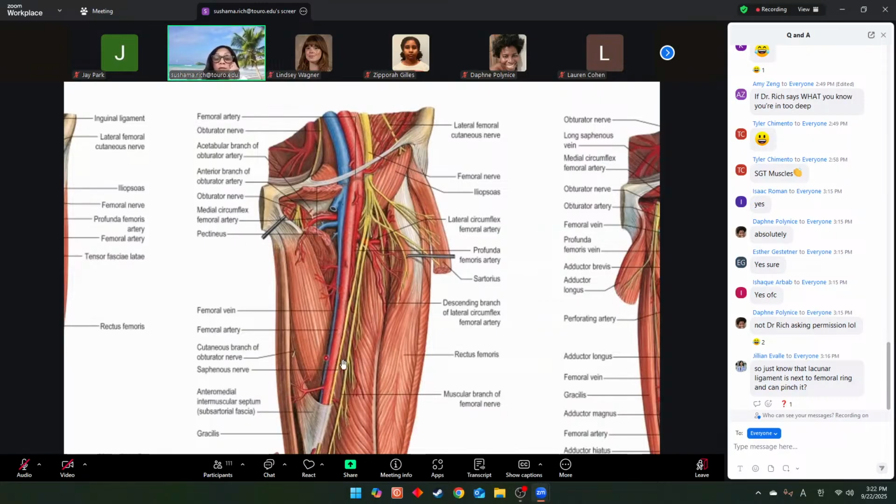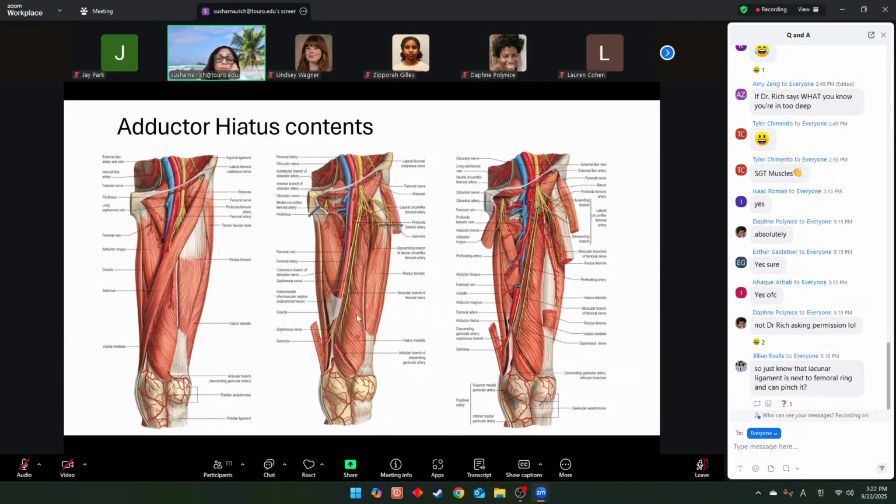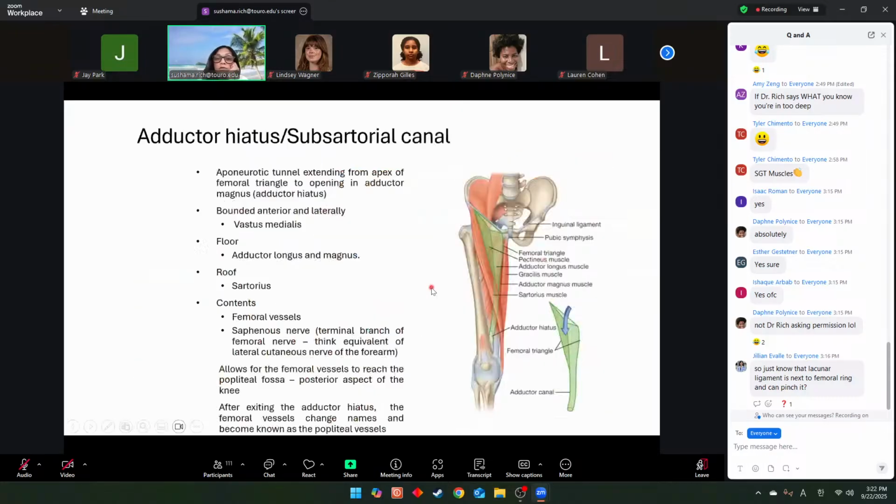There's the femoral vein. And then there's a couple of nerves. The contents of the adductor canal are often asked on the exam, which are the nerve to vastus medialis and our friend the saphenous nerve. The saphenous nerve lies in this adductor canal. If you look at this picture, it's going to tell you femoral vessels, saphenous nerve, and a nerve that they didn't mention here, a nerve called the nerve to vastus medialis.